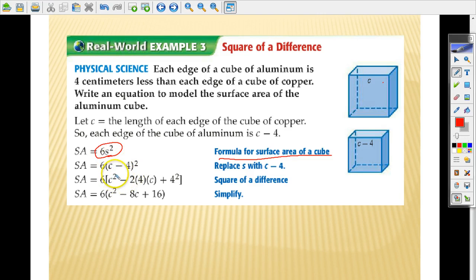Now instead of s, you're going to substitute with c minus 4. So 6 times, the 6 you're going to multiply later on, but here you have c minus 4 squared. So that's c squared minus 2 times c times 4, 8c, plus 4 squared is 16, and you have 6 times all of that. Okay.